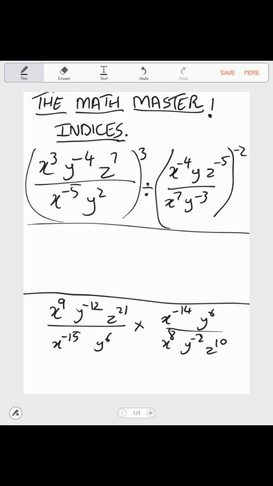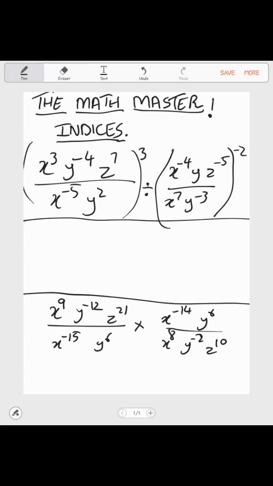So let's move forward. x to the power 9 plus 15 would become x to the power 24, and y to the power minus 12 plus minus 12 minus 6 would become minus 18, and z would remain as it is while this multiplication continues. x to the power minus 14 minus 8 would become minus 22.